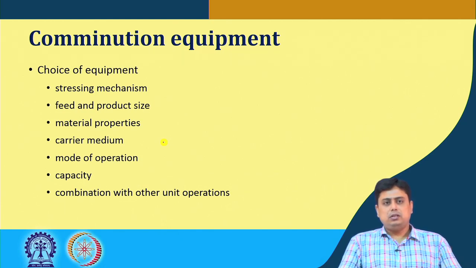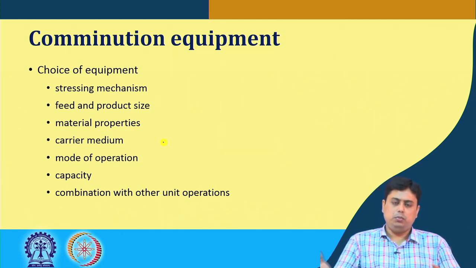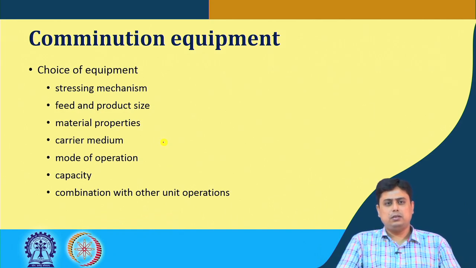The other parameters are the mode of operation, its capacity or the throughput that you are looking at, the rate at which the product should come out from that equipment, and its adaptability with other unit operations, because it is not just an industry working on size reduction.